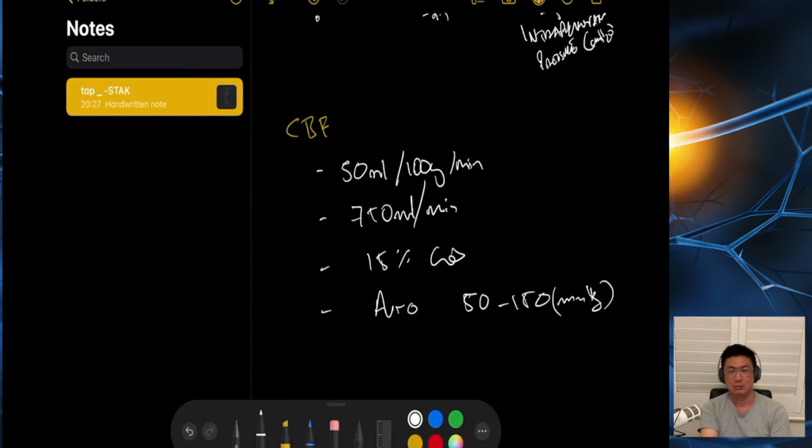You can add other things like the CMRO2, which is 3 mils per 100 grams per min, or 20% of baseline. These are all extra numbers you can put down. You can add glucose too if you want to. That's all fine.